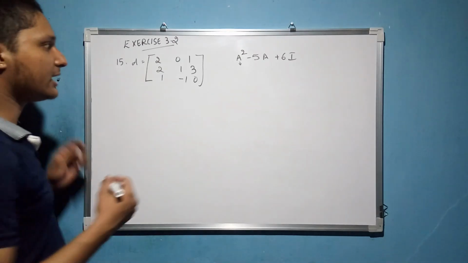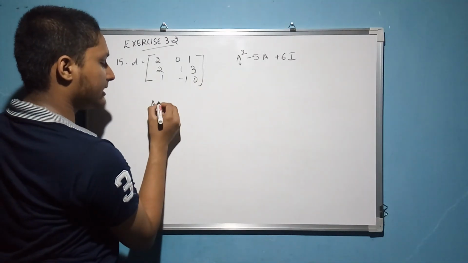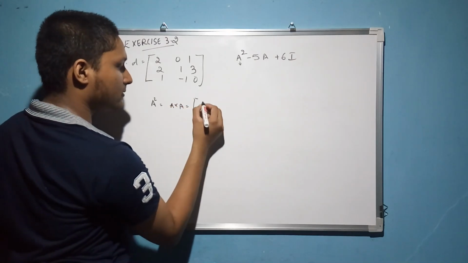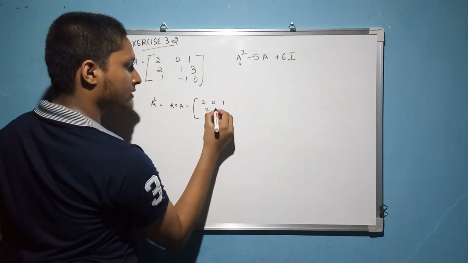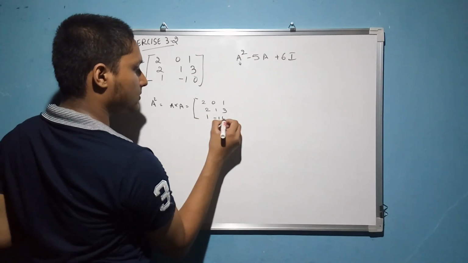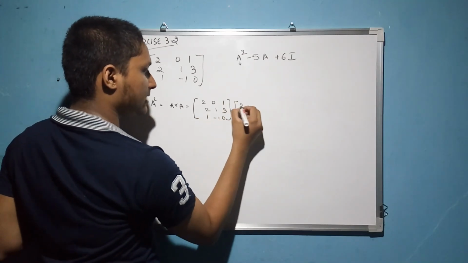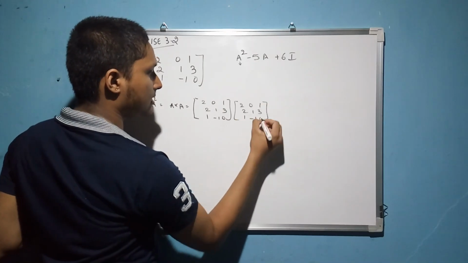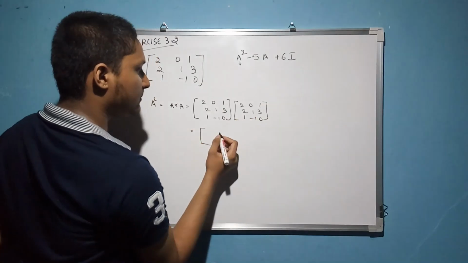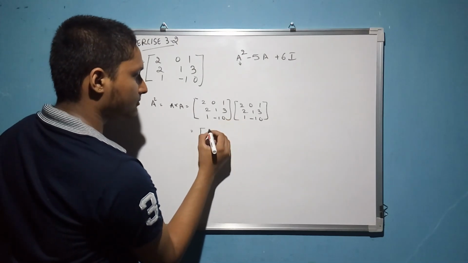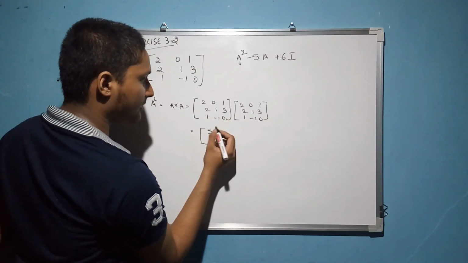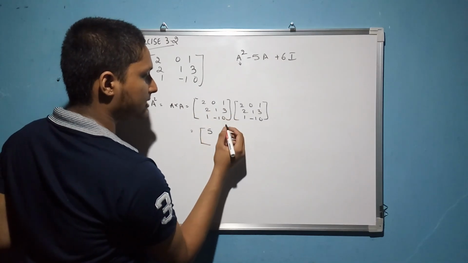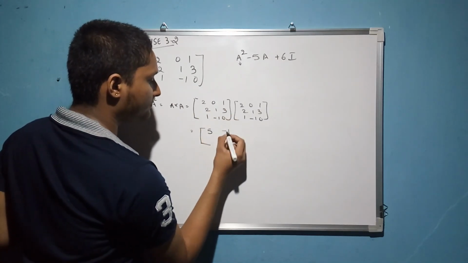So first of all we'll find A square. A square is the same as A into A, right? So I'll write 2 0 1, 2 1 3, 1 minus 1 0, the same thing again. Now you have to multiply. That comes to be 4 plus 1, that is 5 here. Then here, 0 plus 0 plus minus 1.